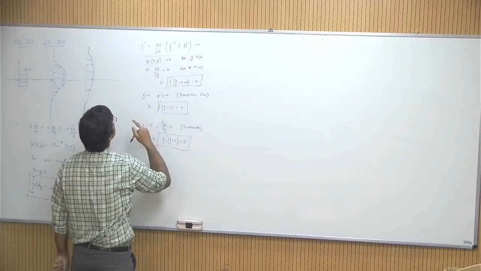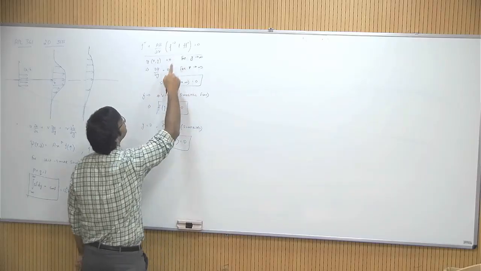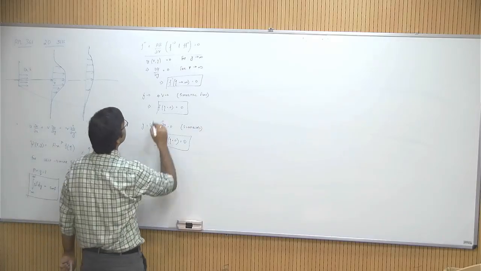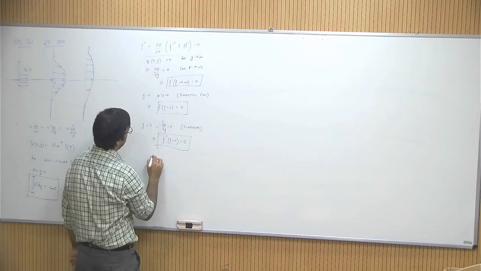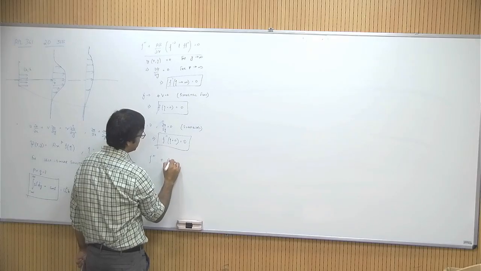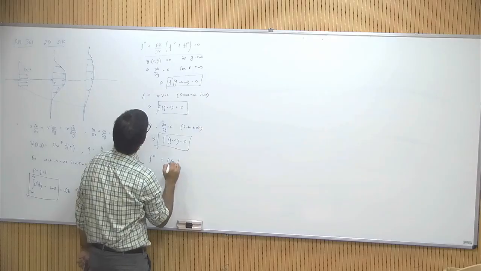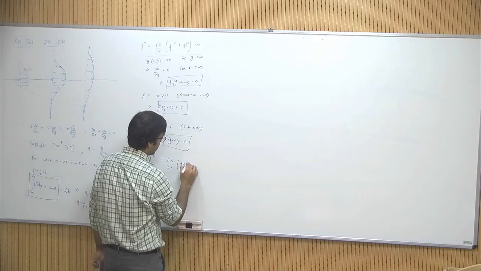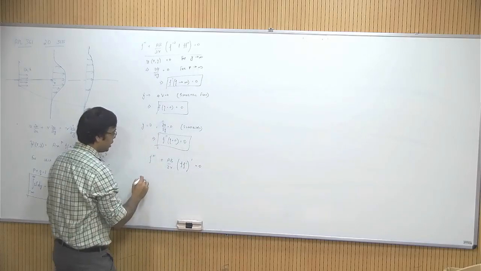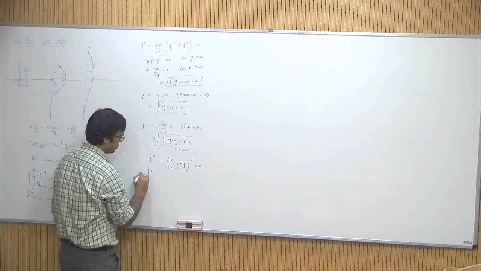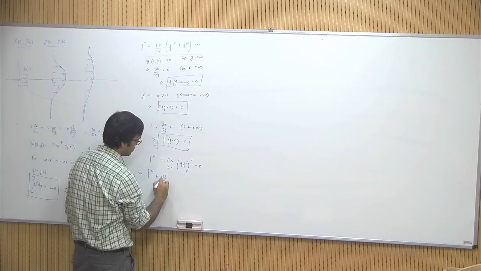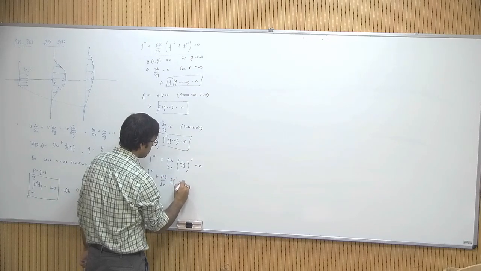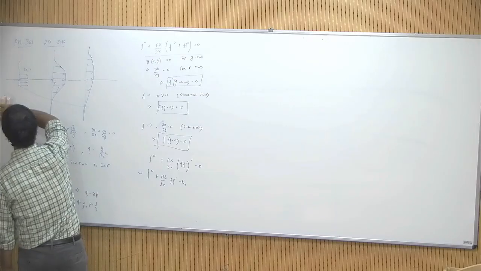So the first step is recognizing that f prime square plus f f double prime is nothing but f f prime whole prime, right? So this is nothing but f triple prime plus ab by 3 nu, and then f f prime whole prime equals 0. So that means this is some constant c1.